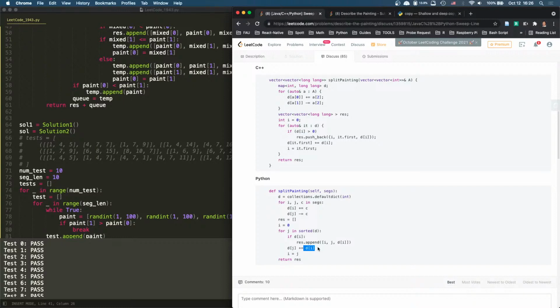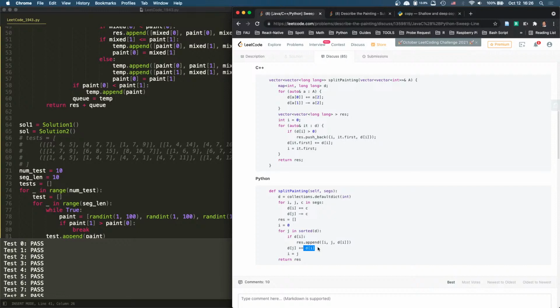That could be a positive or a negative value, it doesn't really matter. That is a prefix sum, the running total.